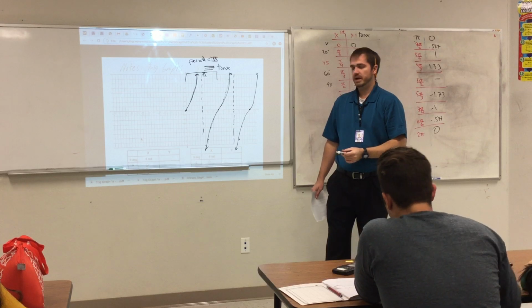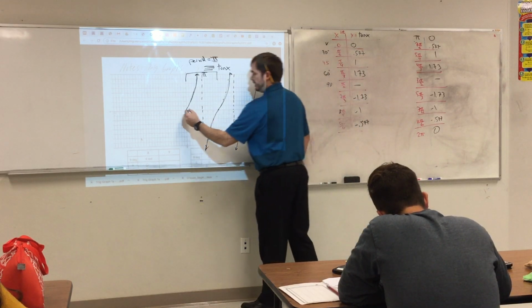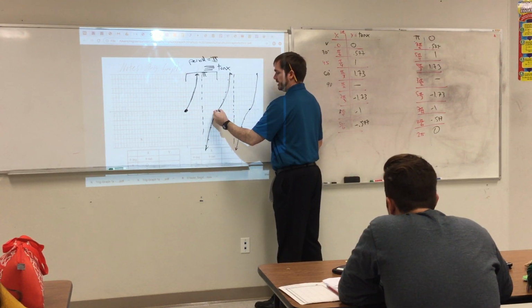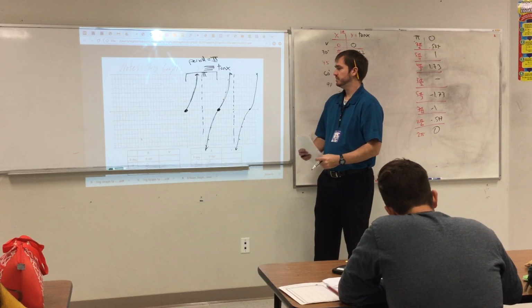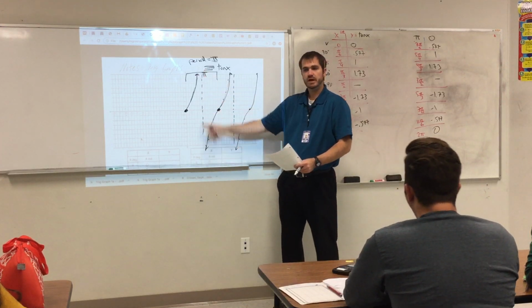And we need to know some major points as it relates to the tangent graph. That's where it starts. It starts at 0. After pi, it's also at 0. Right in the middle between those, you've got your asymptote.